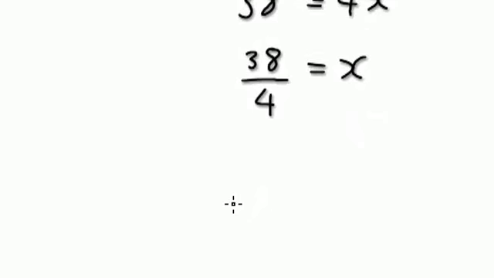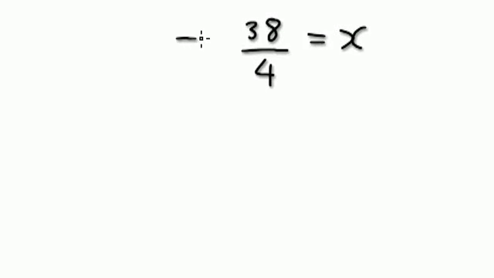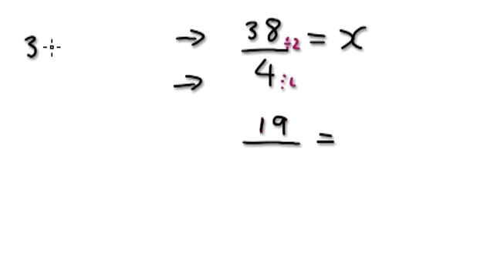Have a quick glance to see if you can simplify. Here's an even number, so I know I can divide top and bottom by 2. Top divided by 2: 38 divided by 2 is 19.